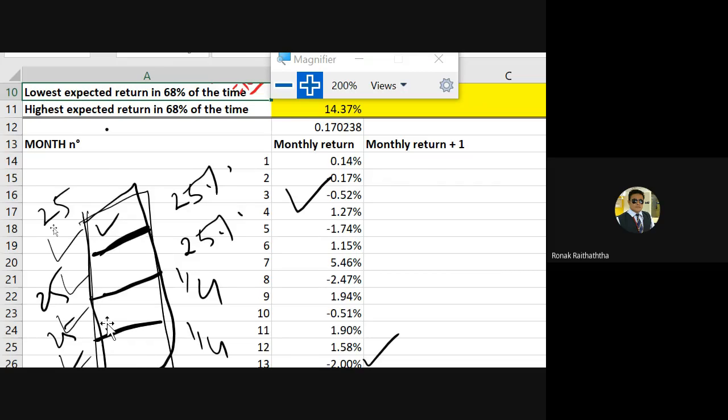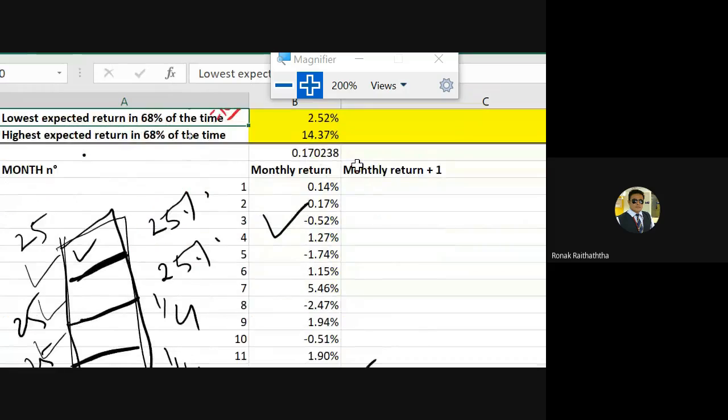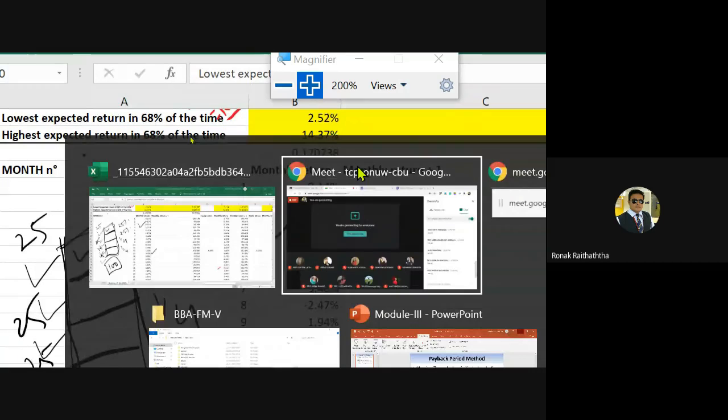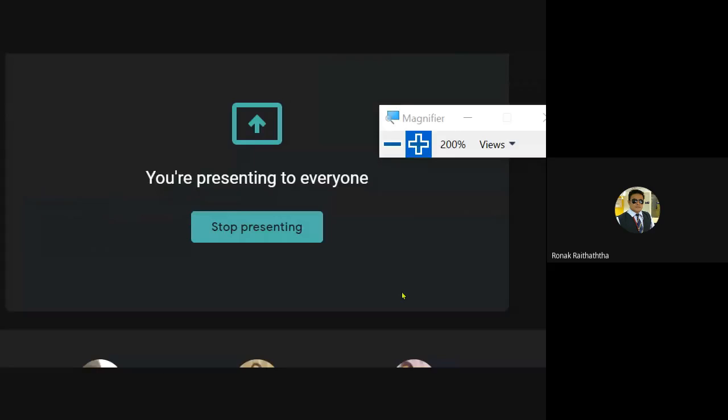When you have the 3 allocated assets and the returns are given for all of 3 assets, and you have a particular portfolio in terms of percentage for these assets, how do you find the portfolio return? See, portfolio weight is also given to you. 55, 30, 15. May I have the answer from you, please? May I have the answer, please?